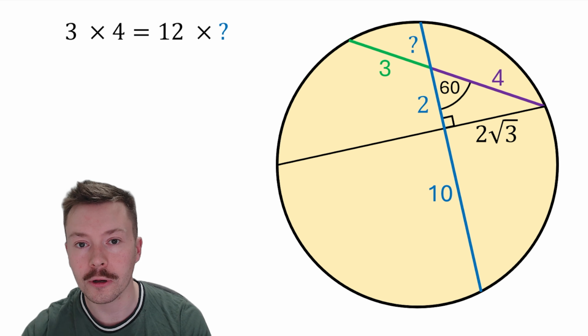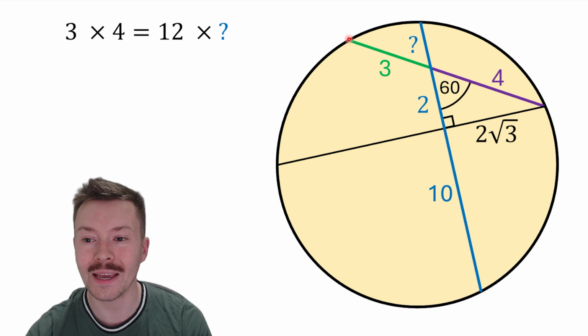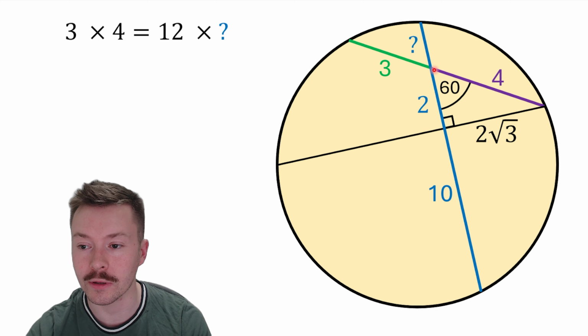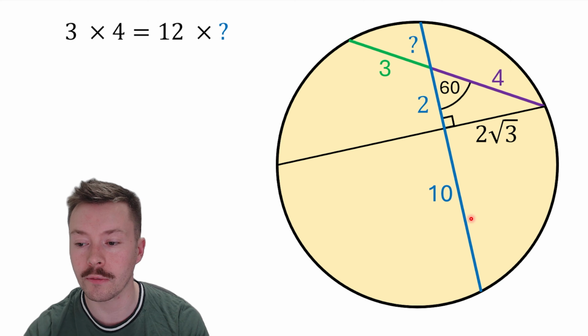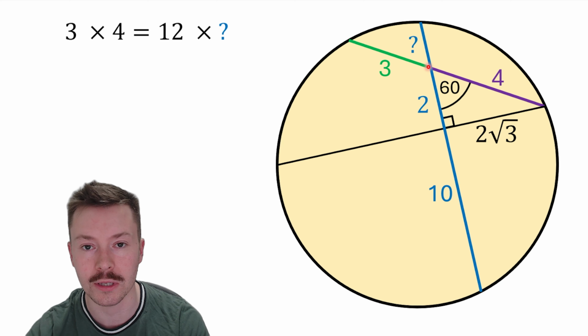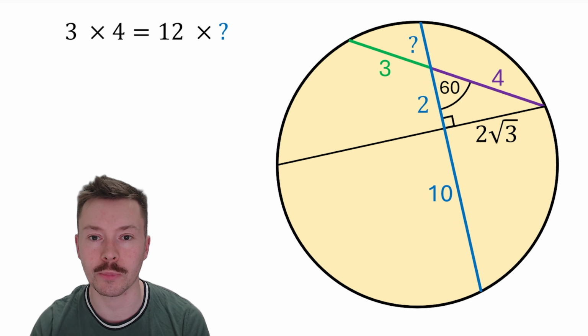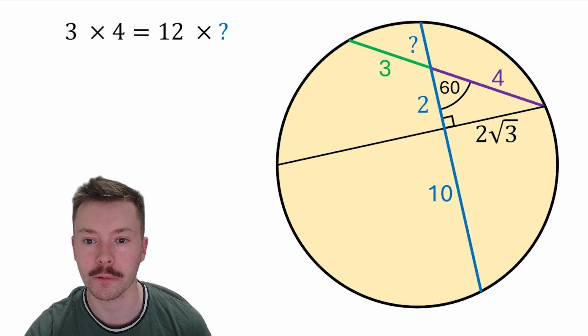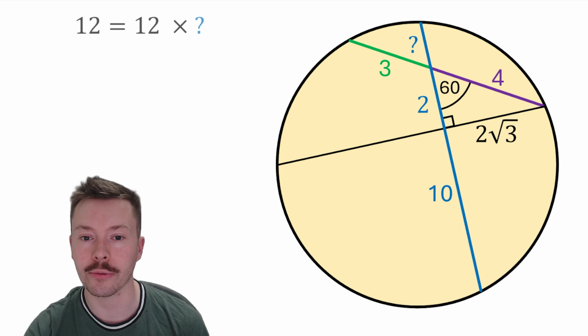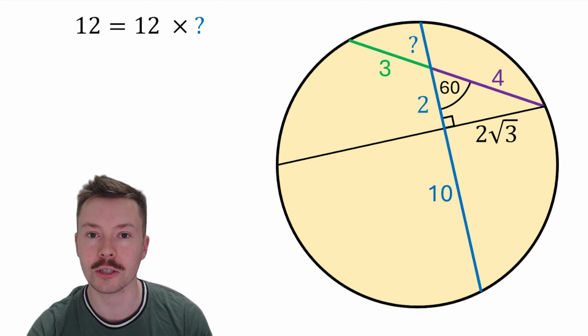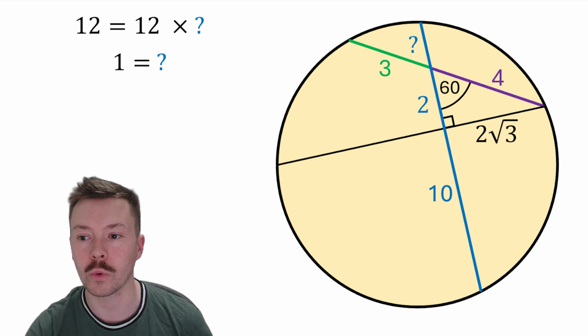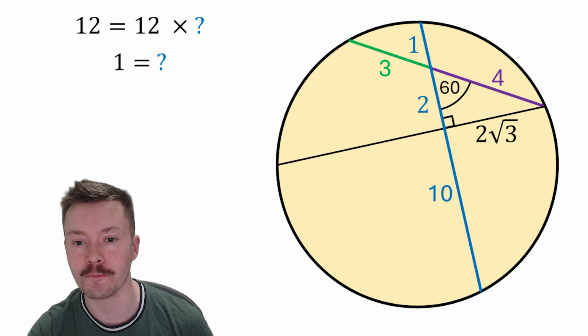So one chord, the distance from the circumference to the point of intersection, times the distance from the circumference to the point of intersection, is equal to the other chord's two distances multiplied together. Numerically, that means 3 times 4 equals 12 times this length we're trying to work out, that question mark. When we work that through, we get 12 equals 12 times something, and that something therefore has to be 1. So we know that this length here is 1.